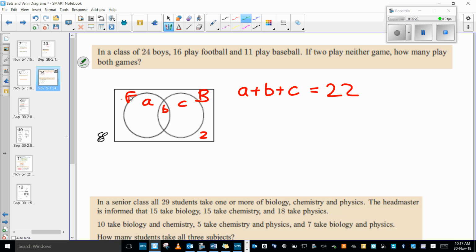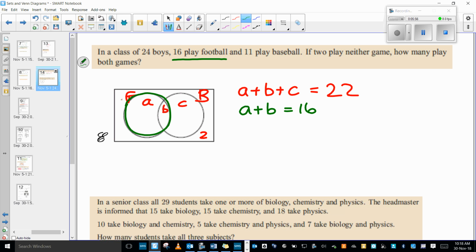Not quite. So think about who plays football. Sabrina? Would it be A plus B equals 16? Yes. Does everyone see that? This circle here is my football circle, and they tell us that 16 people play that sport. So that means that A plus B has to total 16. We don't know how it's split, but we know that the total of those has to be 16.